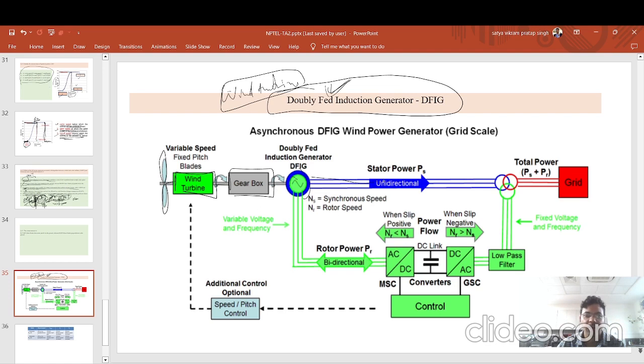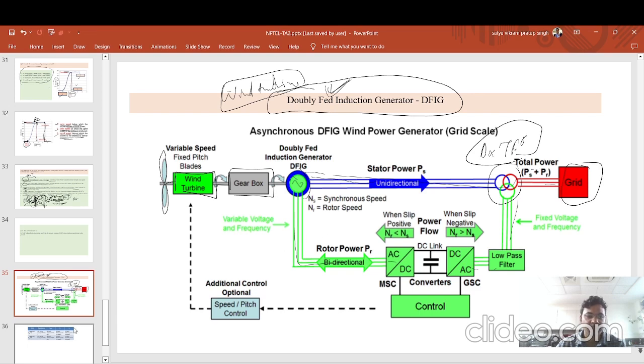The stator is connected to the grid, and the rotor is connected to this parallel branch, then connected to the distribution transformer, then the total power is connected to the grid.